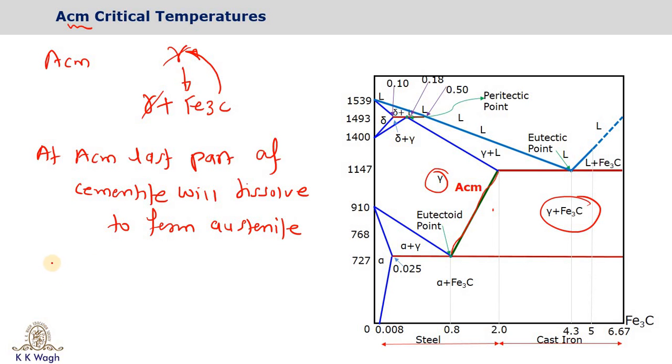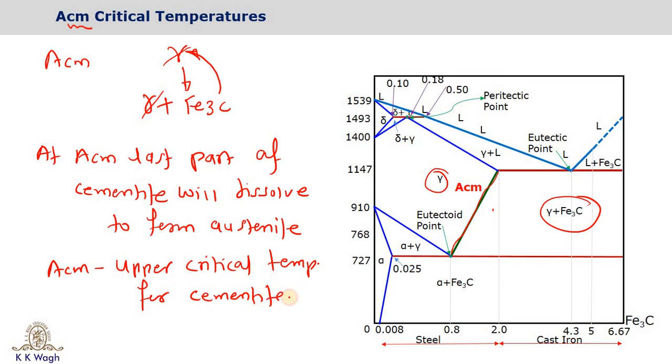And that's why the ACM is called the upper critical temperature for cementite. Right?